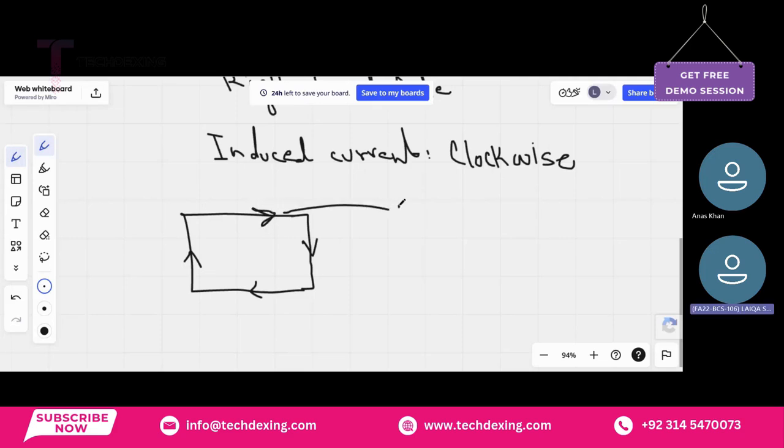So in the top wire, it is moving from left to right, like this. Clear? Okay. Let's see one more example.